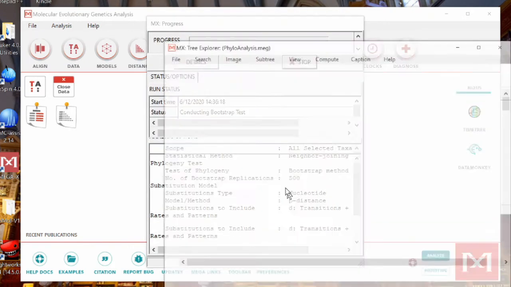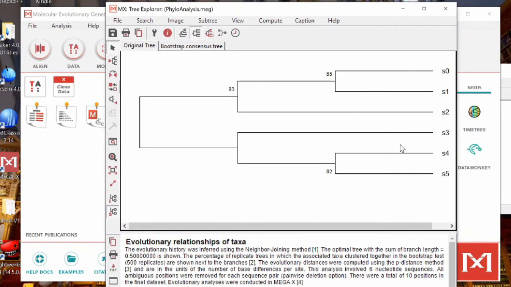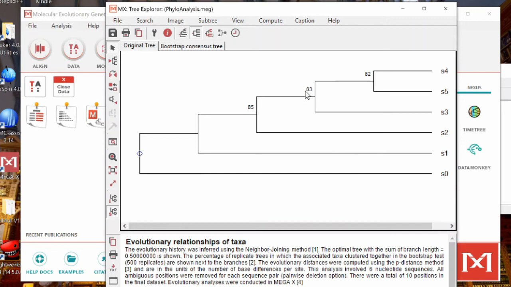You can see it's fast, so we quickly get reconstructions, and again we get the correct order of the sequences. Again, I will root it. Now in the neighbor joining method we got a higher percentage of bootstrapping, but otherwise the tree is primarily the same.